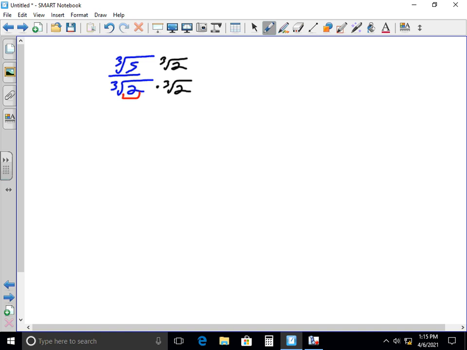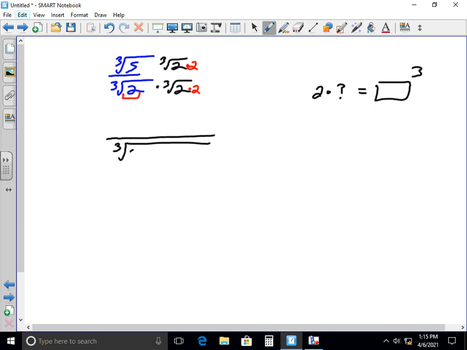So if I pick up 2 more 2's on bottom, I have to pick up 2 2's on top. That's right. I was basically looking for what could I multiply that by to make it a perfect cube. So multiplying it by 4 would make it a perfect cube.